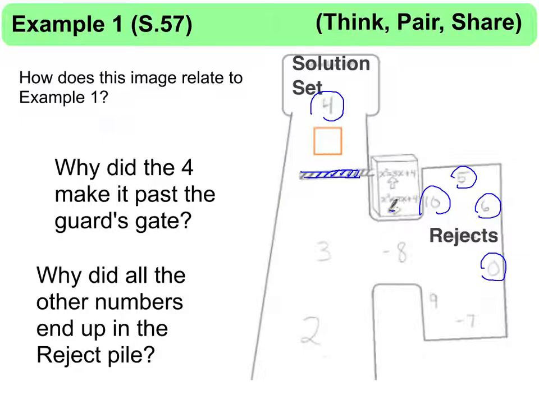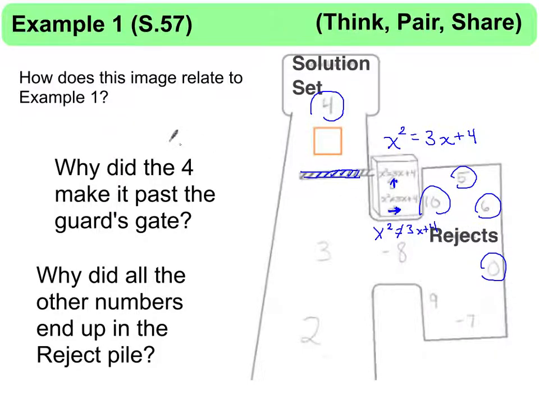And so we see this idea that some numbers have to go this way, while some numbers get access here. And while it's a little bit difficult to read some of these, what allows them to go into the gate is this notion of x squared equals 3x plus 4. If x squared does not equal 3x plus 4, they would go to the rejects.